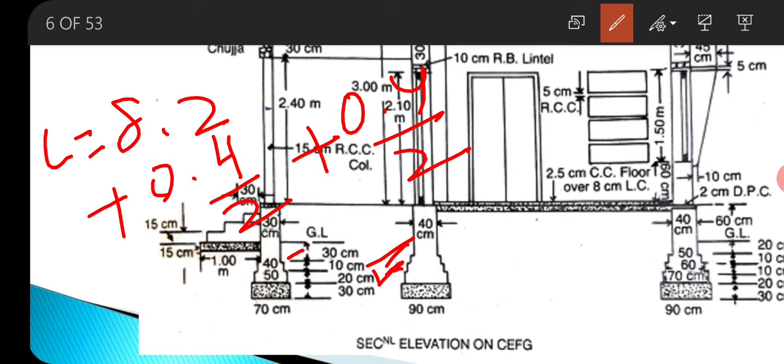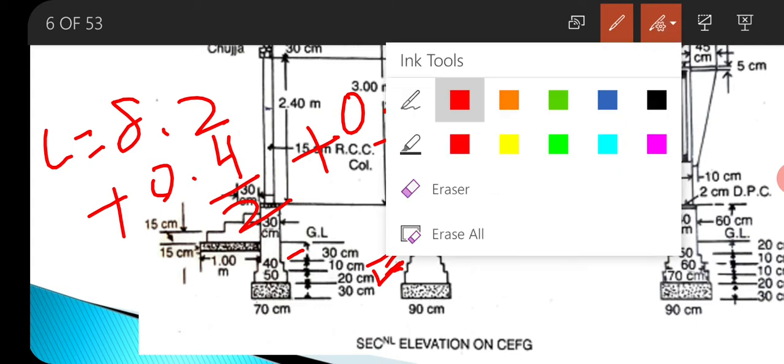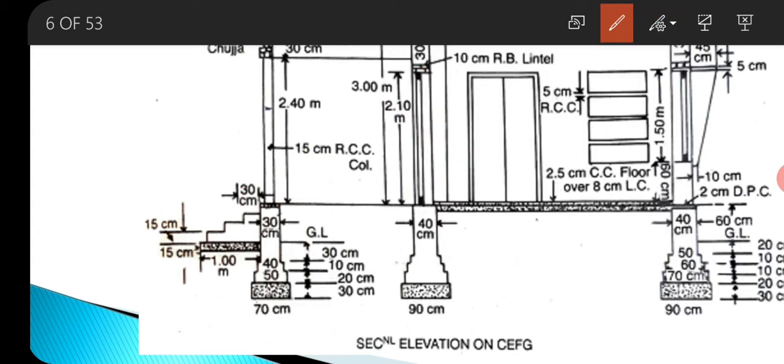Then we will move to the plinth wall. The width of the plinth wall is given as 30 cm. So with the center to center length, we will add 0.3. And the depth of the plinth wall is from the floor level up to the... this will be the total. One part is here, that is 60.